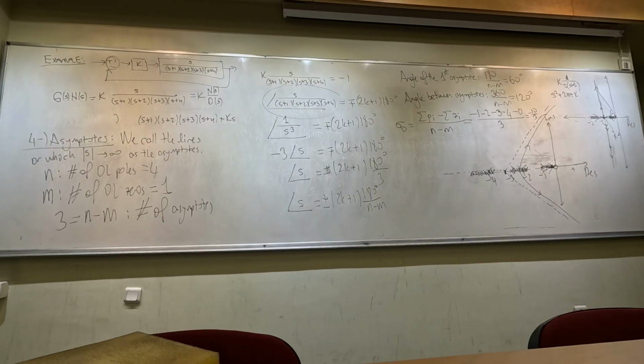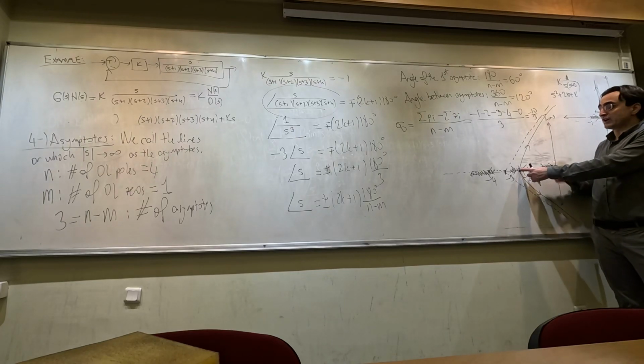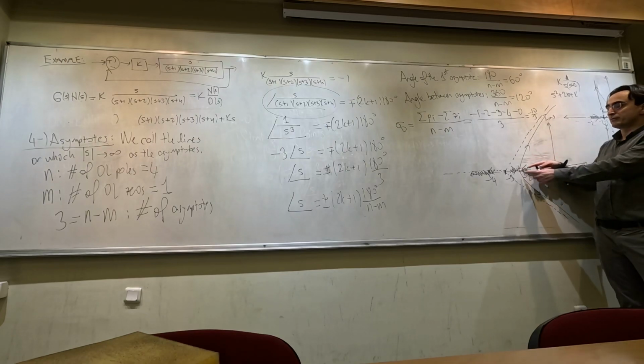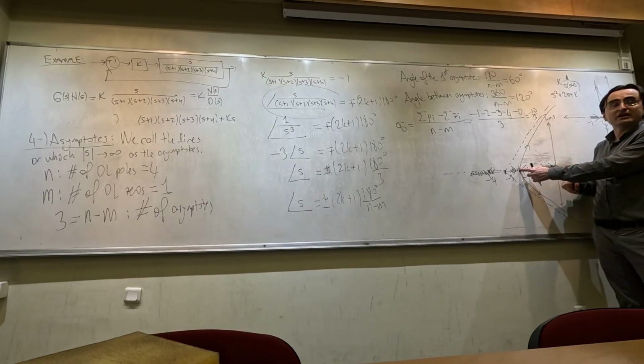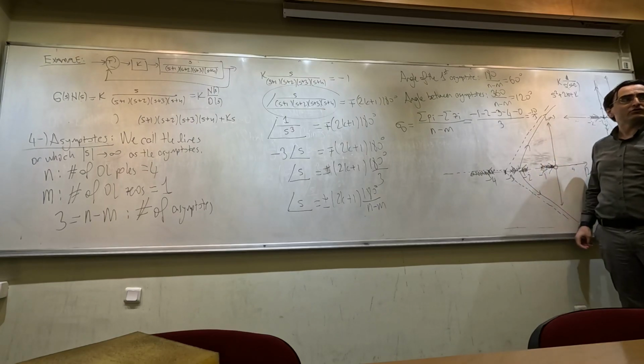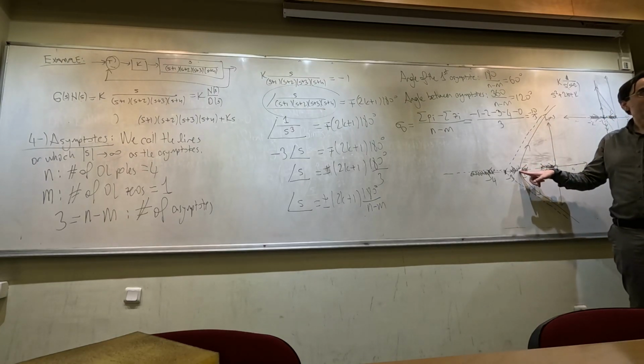Which point should I concentrate on the root locus? I need to concentrate on this point, because after this point I will start getting complex roots. Okay? So I need to find the k value at this point, and for larger k values, I would start getting oscillations in the step response. This is one important point we are going to try to find.